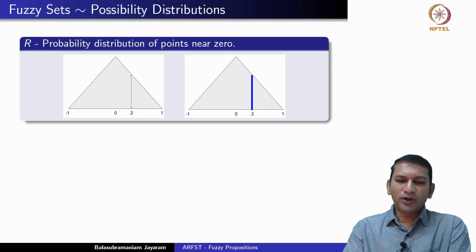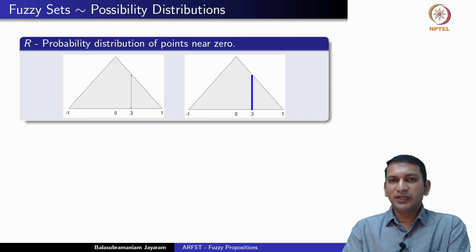Now, if you look at 0.3, both these values, what are we asking here with 0.3? When it is considered as a fuzzy set, we are only asking the question, to what extent does 0.3 belong to this fuzzy set? But now, when it represents a PDF, what is it that we are asking?